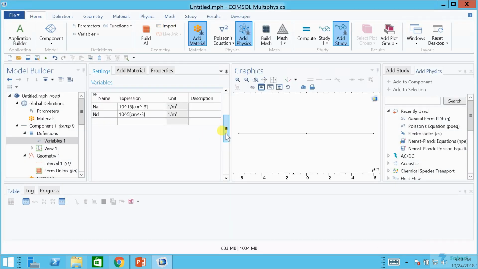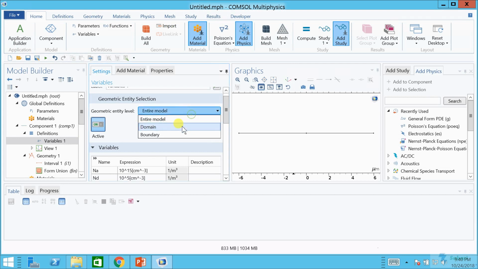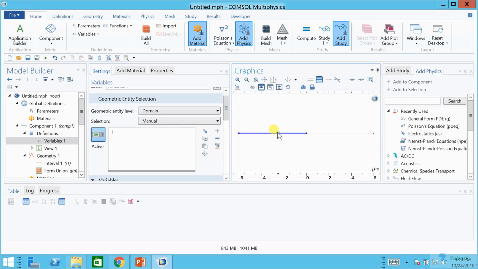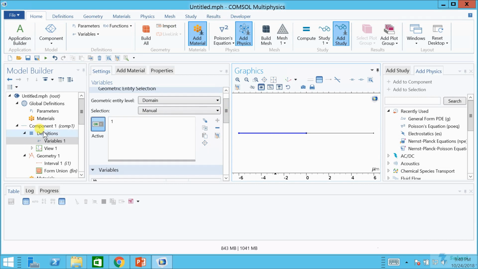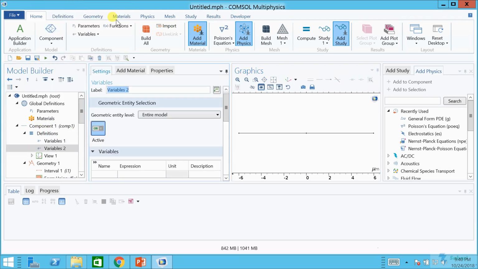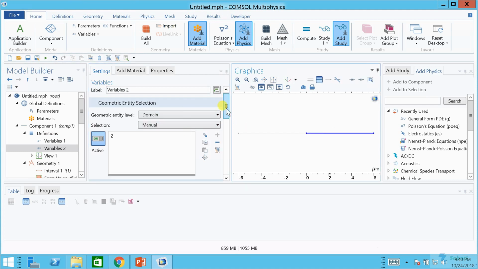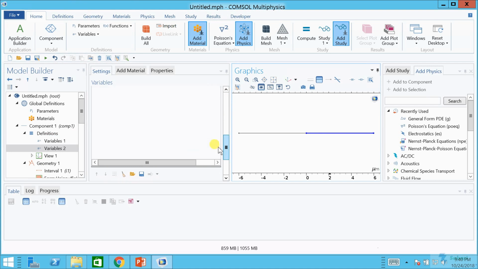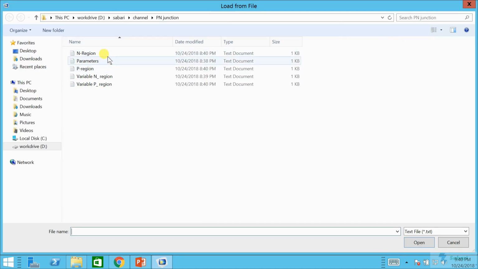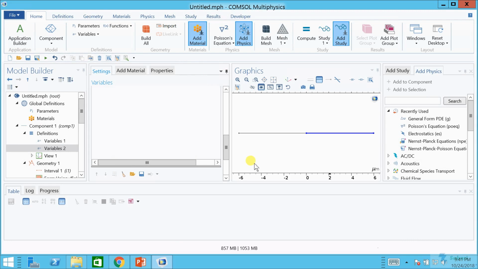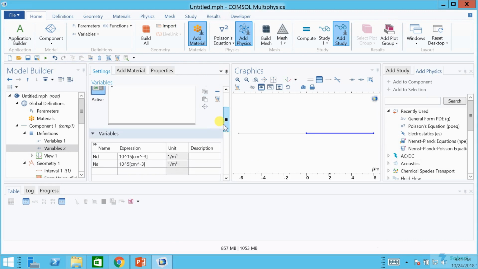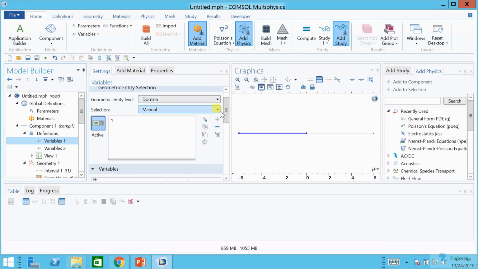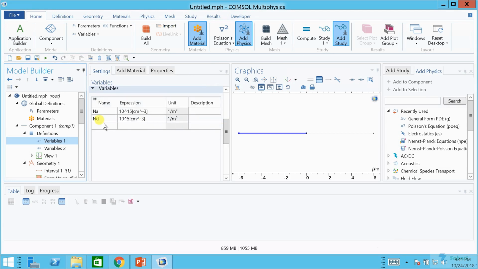I'm going to select this to be a domain, which is this domain, the P region, and I'm going to select another variable where I'm going to select the domain to be the N region. You could see the value of donor concentration in the N region is higher and the acceptor concentration is lower, and the acceptor concentration is higher in the P region and the donor concentration is low there.